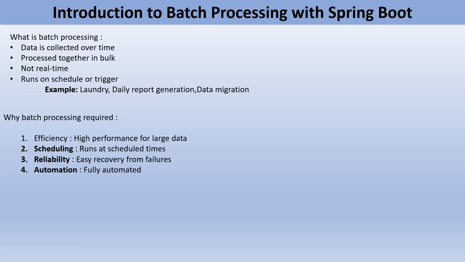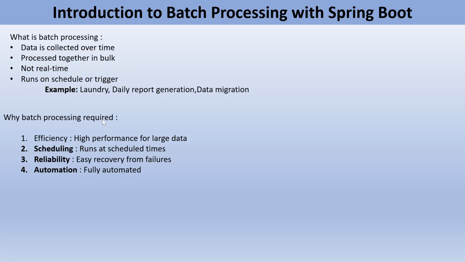We wait until we have many dirty clothes and wash them together in one batch, right? In the same way, in data migration, moving millions of records from one system to another system, there we can go for Spring Batch.